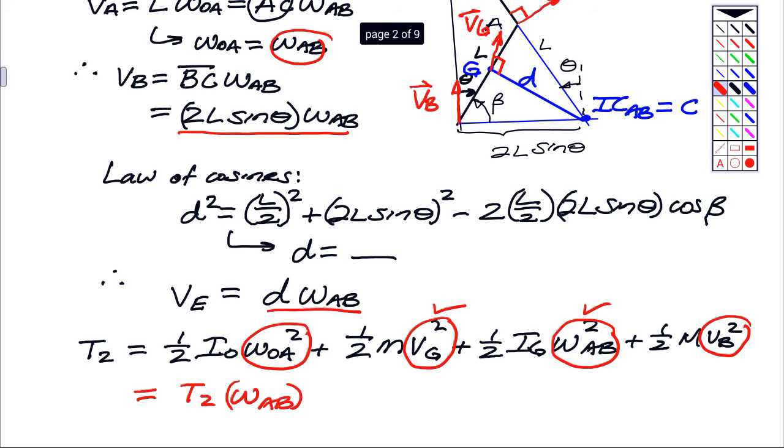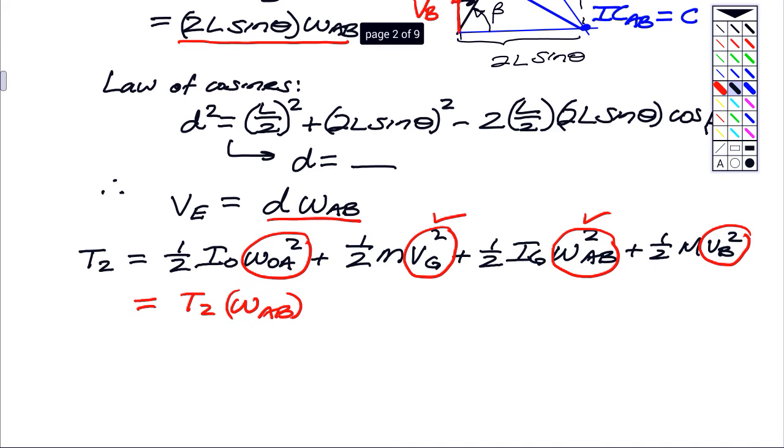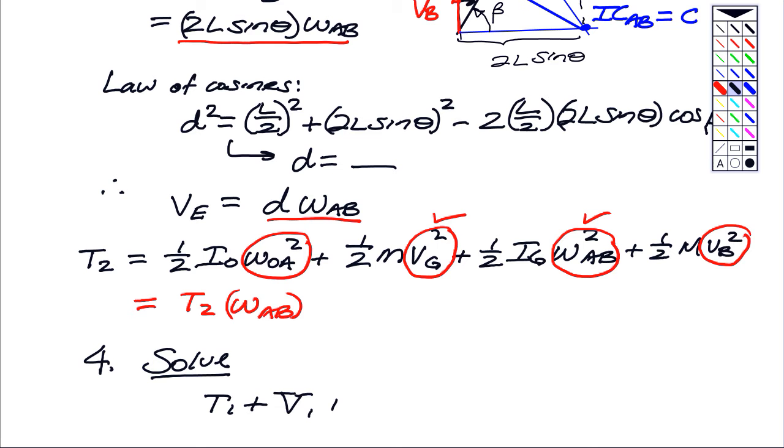The solve part of this is to take our work energy equation, which is given by T1 plus V1 plus the work going from 1 to 2, non-conservative, is equal to T2 plus V2. We have expressions for V1 and V2. T1 was 0.